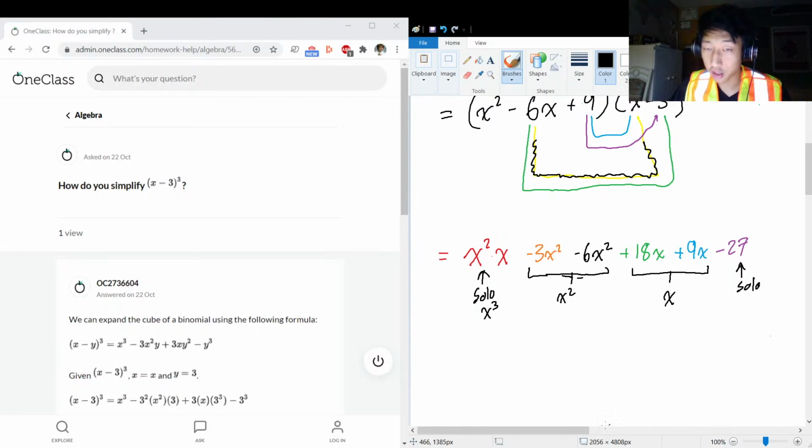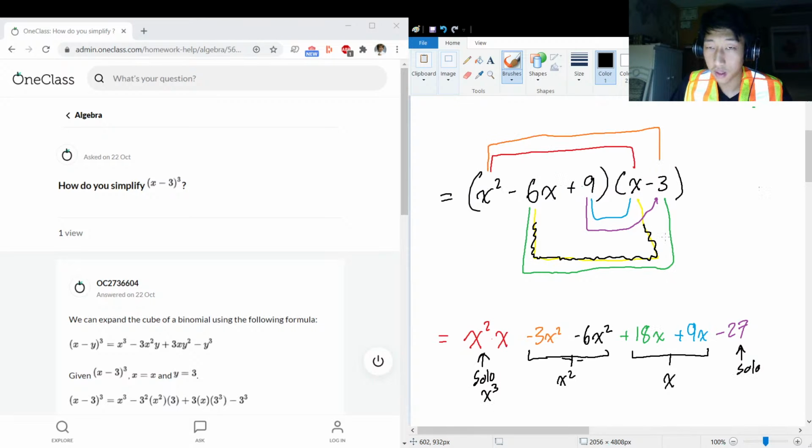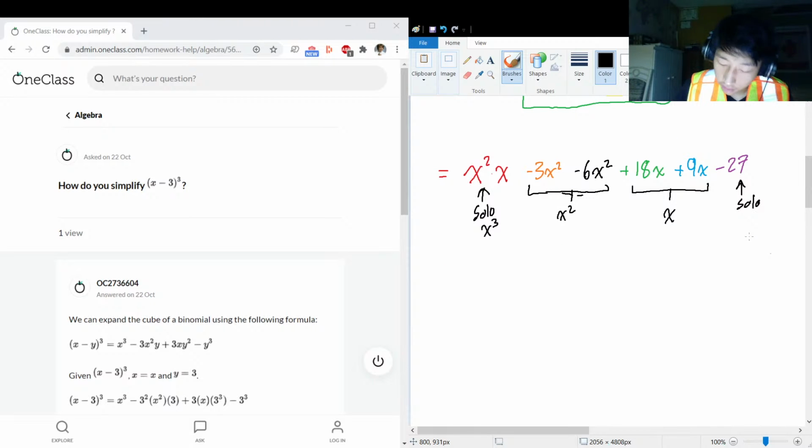So we're basically going to combine our x squared terms and our x terms. Did I miss anything? 1, 2, 3, 4, 5, 6. Okay, we're all good. Just gotta make sure. There's no harm in double checking your stuff. It's actually probably more harm if you don't double check your stuff.